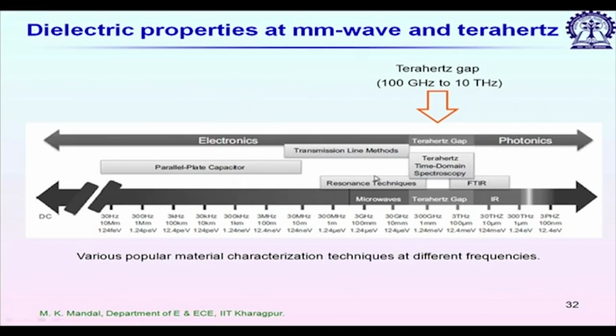For transmission line methods, what we do is fabricate different lengths of transmission line. It can be, let us say, a microstrip line, which supports quasi-TEM, in two different lengths, and then we simply measure the S parameters or scattering parameters of these two lengths using maybe a vector network analyzer.